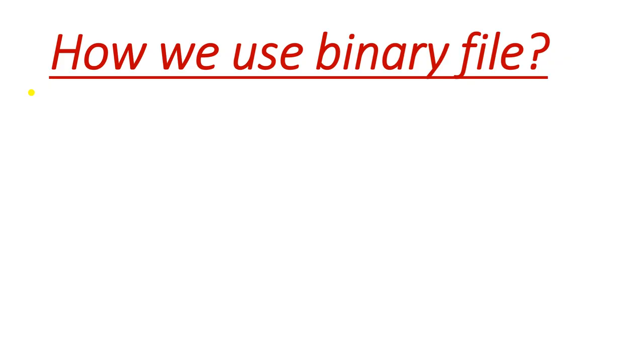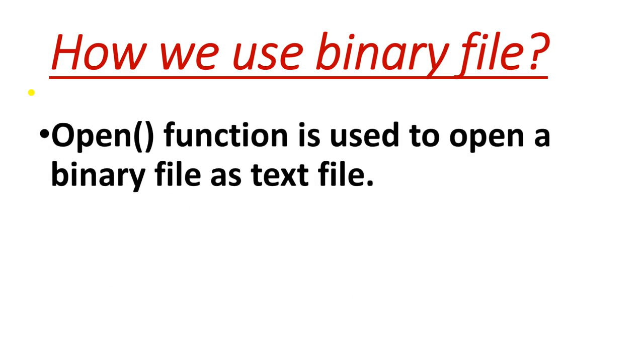Now we just need to know how we use a binary file. By using the open function, the open function is used to open a binary file as we did in text file. Same way we have to use the open function in binary file. There is no difference in that.